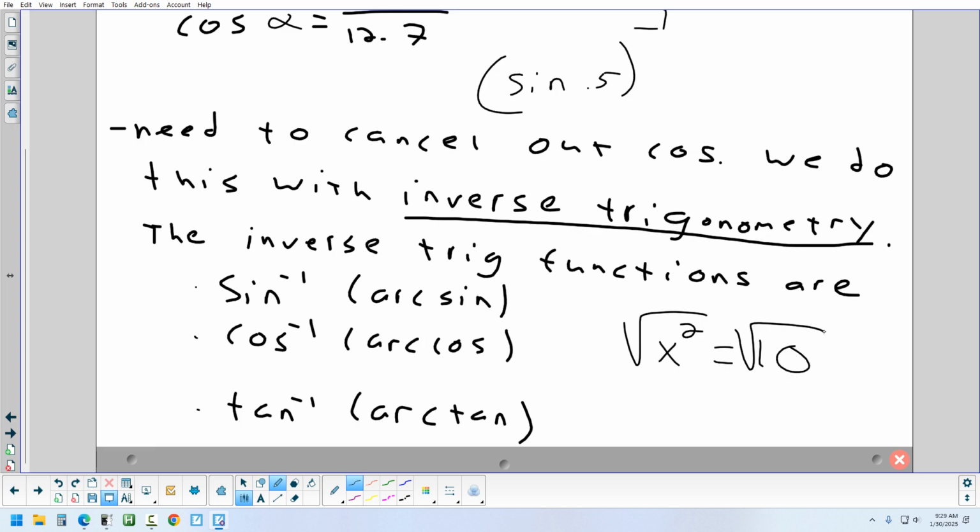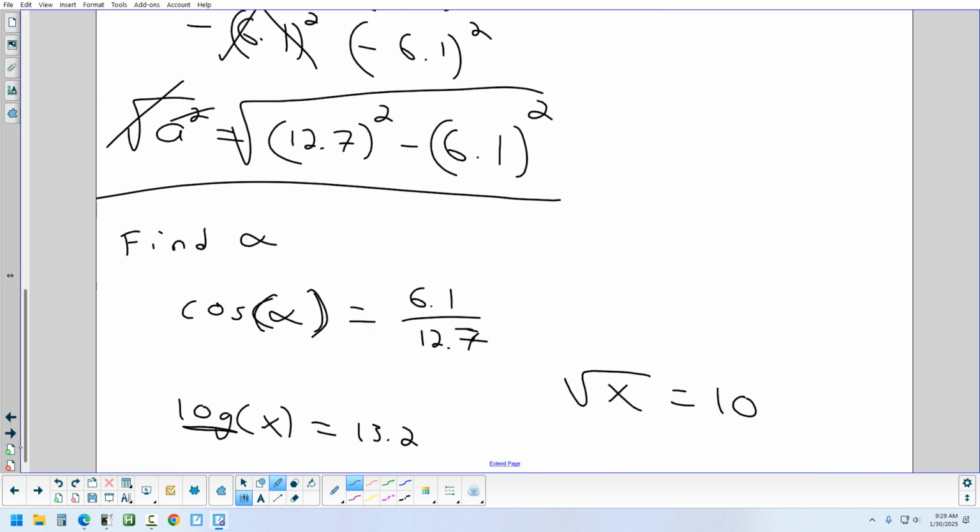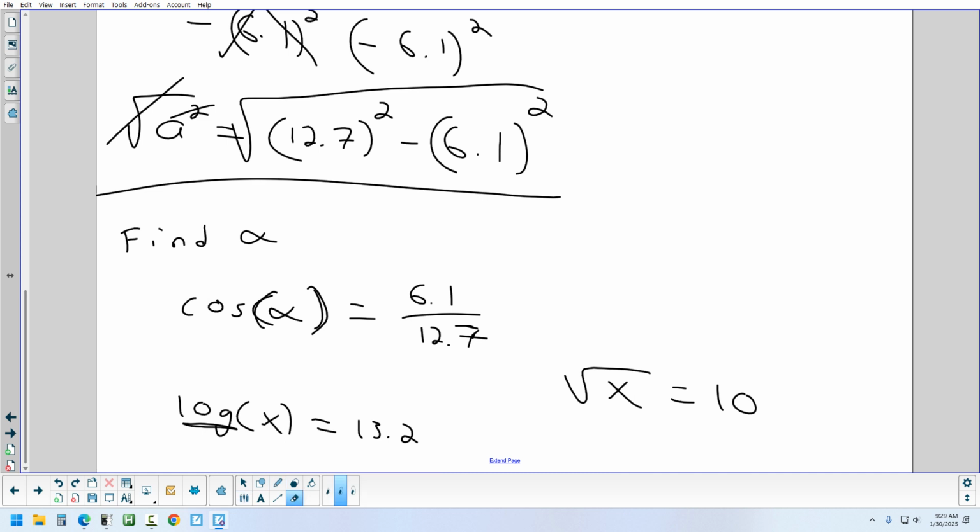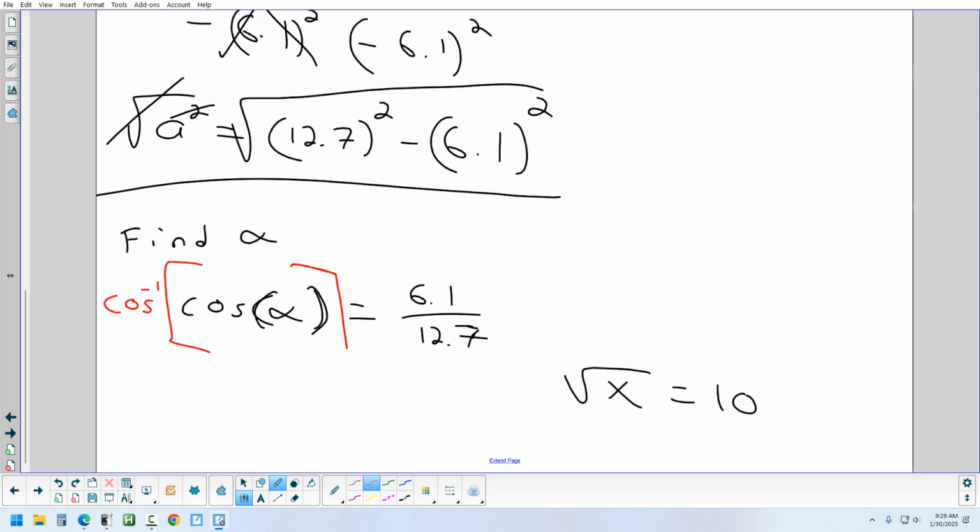So now, let's try that here. We are at that step. We need to get rid of cosine. The way we get rid of cosine is inverse cosine. So we're going to take the inverse cosine of all of that, and whatever you do on the left, you have to do on the right.